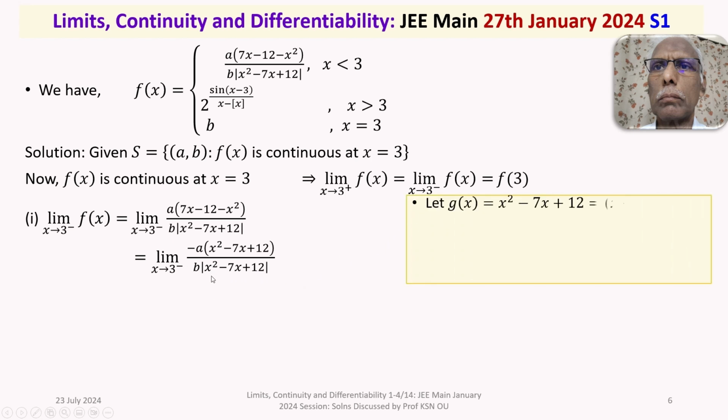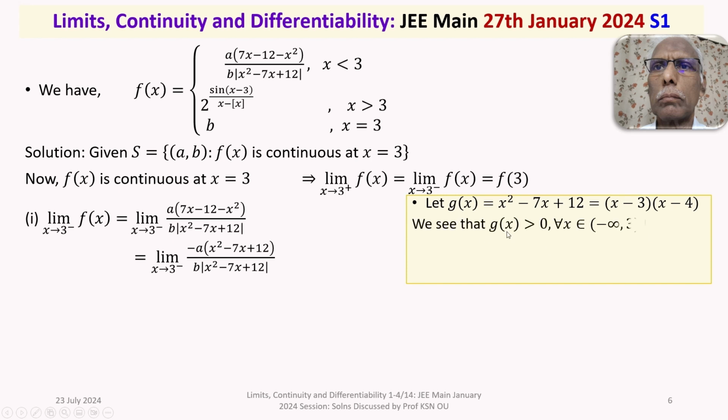So, let g of x equal x square minus 7x plus 12, that is the expression inside the modulus. That can be factored as (x minus 3) into (x minus 4). How will g of x behave?